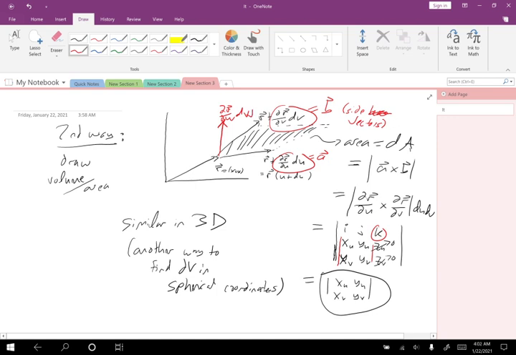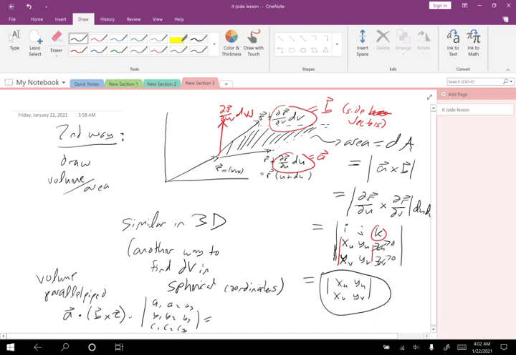And then you use the fact that the volume of a parallelepiped, a 3D parallelogram, is just the scalar triple product, A dot B cross C, right? And so this is, again, a determinant, with rows A1, A2, A3, B1, B2, B3, C1, C2, C3. So this is, again, the Jacobian, if we again use partial derivatives for A, B, and C. So it's really a very similar idea.